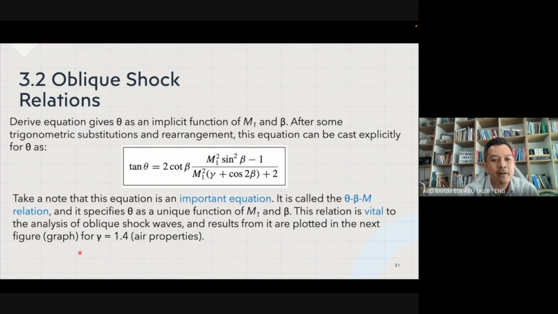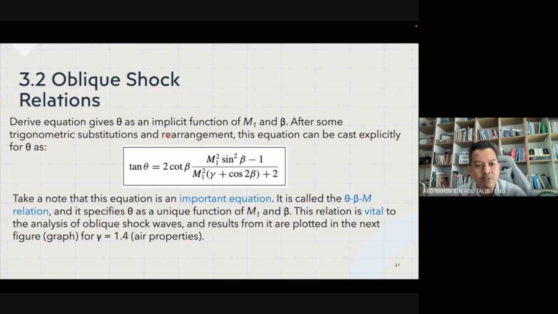Now, deriving this equation gives theta. Earlier we already know what beta is, now we want to know what theta is as an implicit function of M1 and beta. After some trigonometric substitutions and rearrangement, which we are not going to do here, I'm just going to show you the final result.